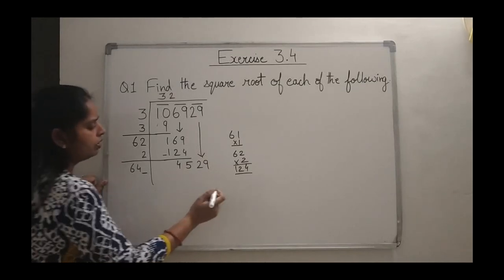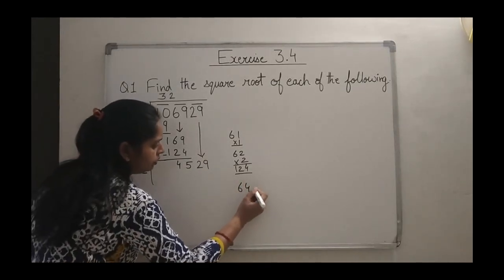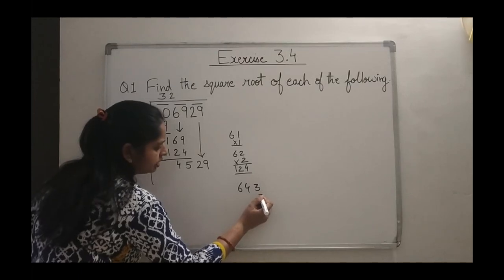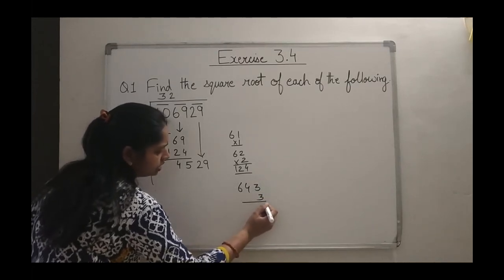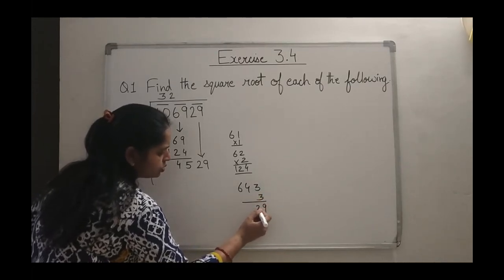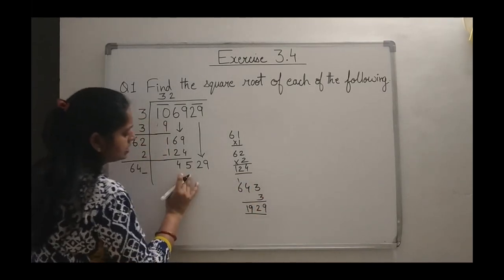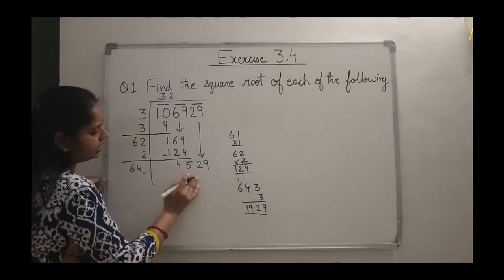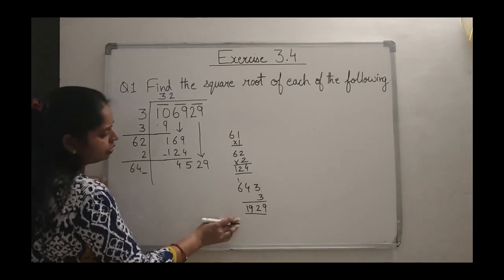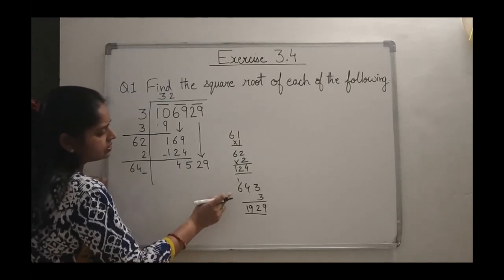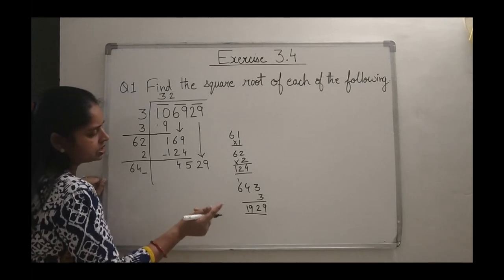9. So we can go for 643 because 3 3s is 9. 4 3s is 12, 6 3s are 18 plus 1 is 19. But this number is very less than this. So which number will we go for? Now we know that 7 7s is 49, which ends in 9.